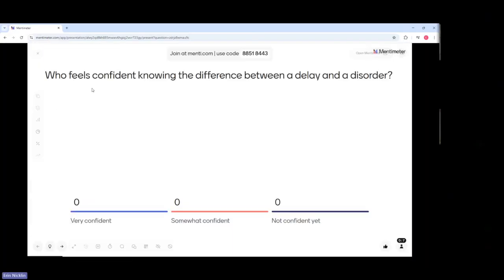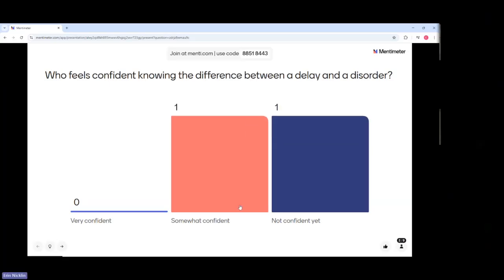Okay, so our first question that I want us to go through is, who feels confident knowing the difference between what a language or speech delay is versus a language or speech disorder? So if you've jumped onto that website, popped in that code, the options, please let me know if they've come up for you.